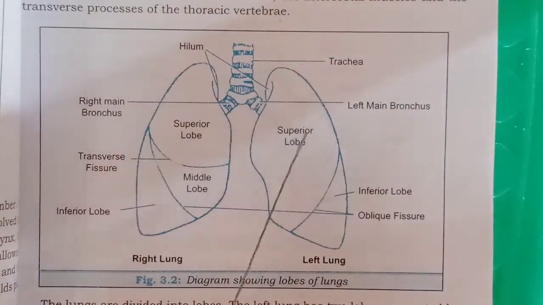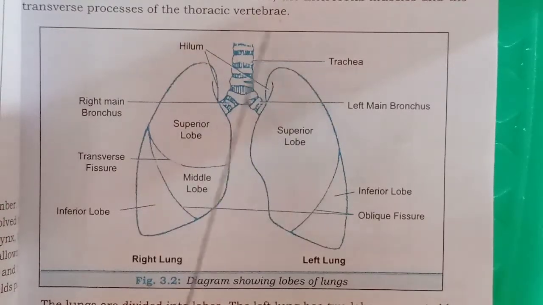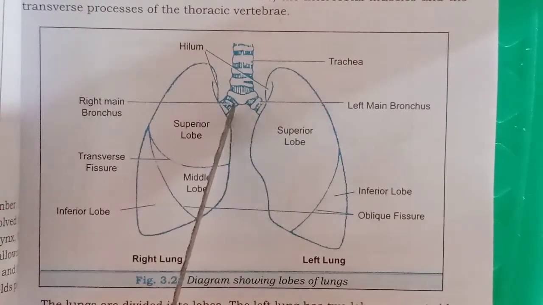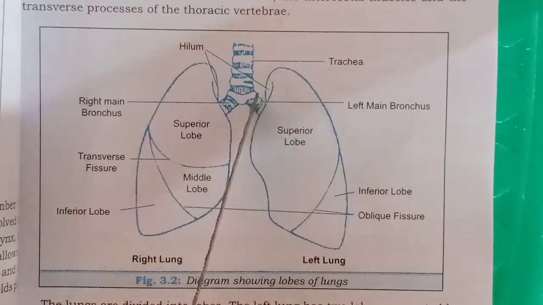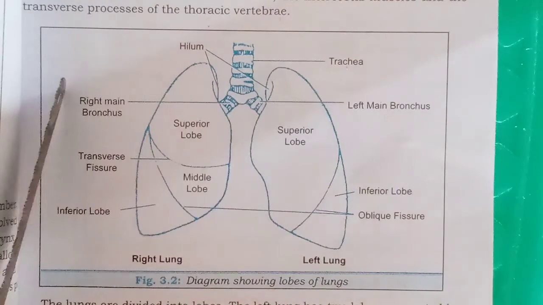These are the two lungs, which are very spongy. This particular part we call the hilum, and this is the trachea, the windpipe, right? And now we have the left bronchus and the right main bronchus.